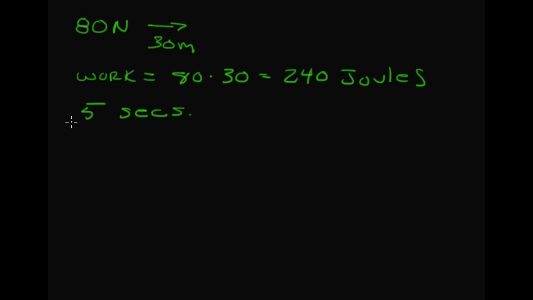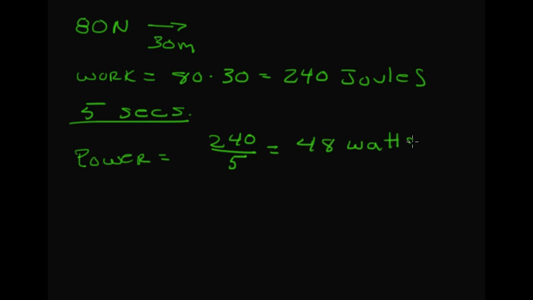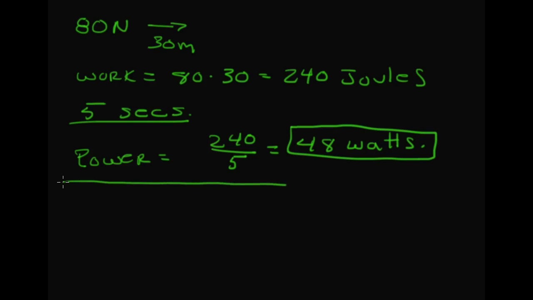Then the power that they exerted would be 240 joules divided by 5 seconds, which comes out to be 48 watts of power. So this is the power that would have been used to push with 80 newtons of force against an object and move it 30 meters in 5 seconds.